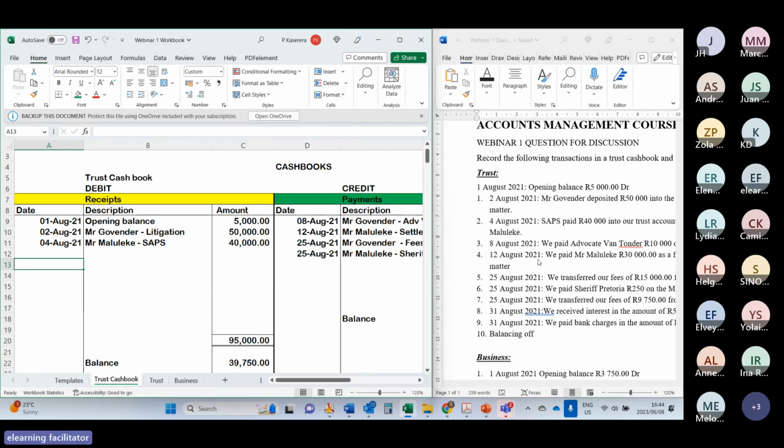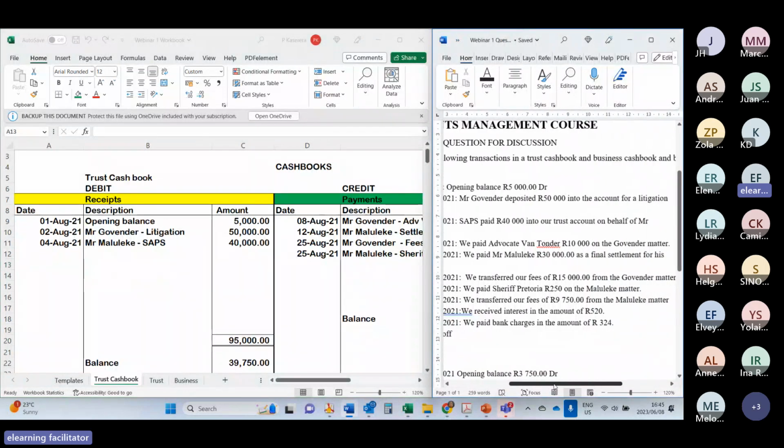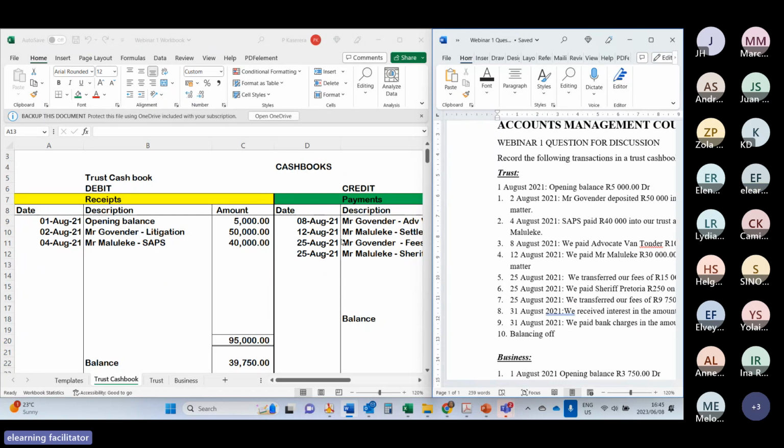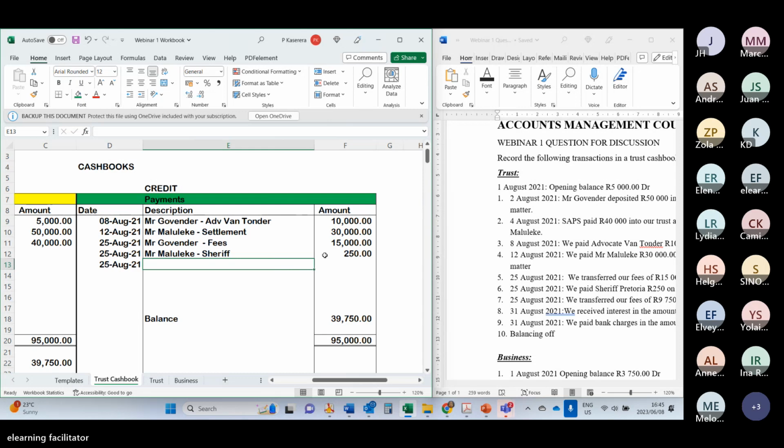Okay. And then 25 August, next transaction, we transferred our fees of 9,750 from the Maluleke matter. Same date. So it's the same matter, but now we are just taking our fees. And you need to compute these things.